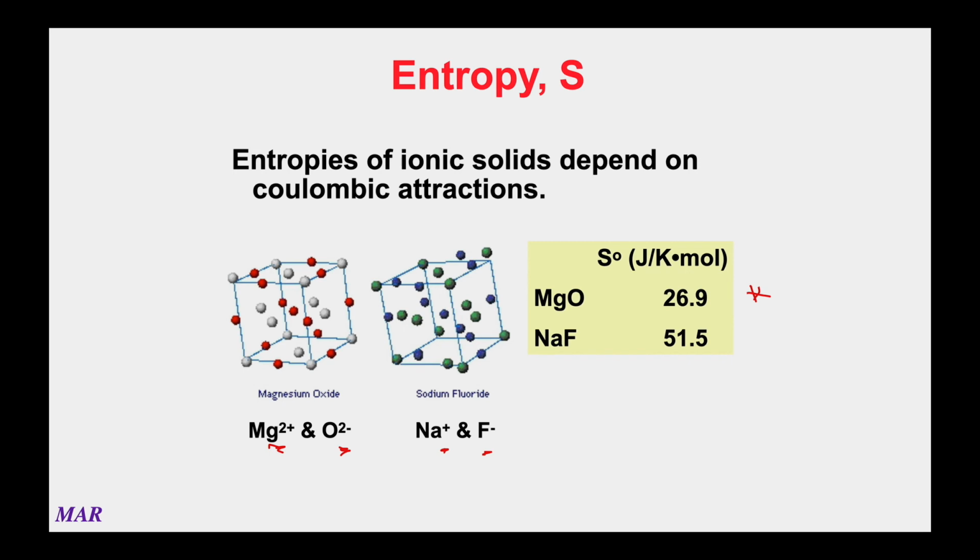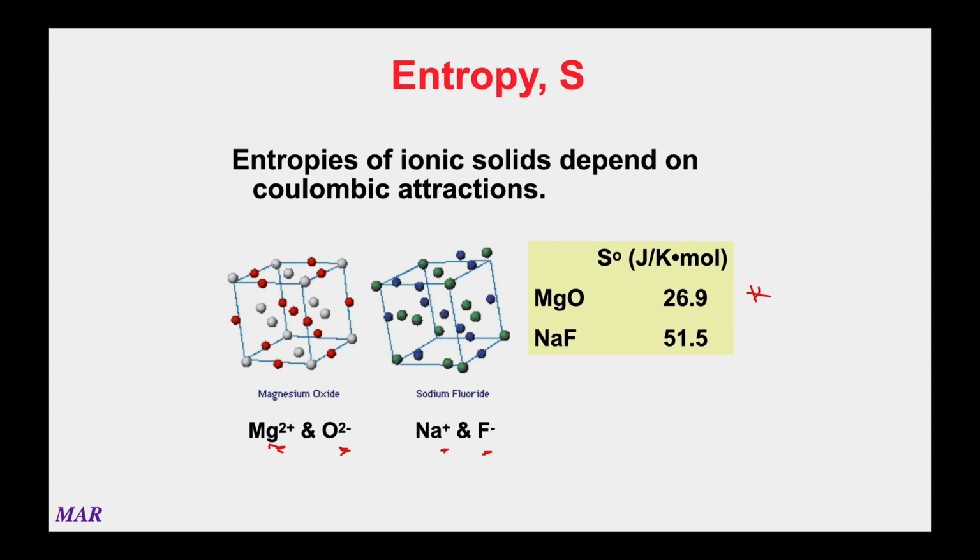The rationale is that sodium fluoride, a positive one, negative one, is like a single handshake. I say, hey, what's going on? I haven't seen you. And someone says, oh no, break it up. Well, it's pretty easy to break up a single handshake. However, if you have a double handshake, I haven't seen you forever, and someone wants to break that up, it's harder. Entropy doesn't do as well when the forces between the ions get stronger.